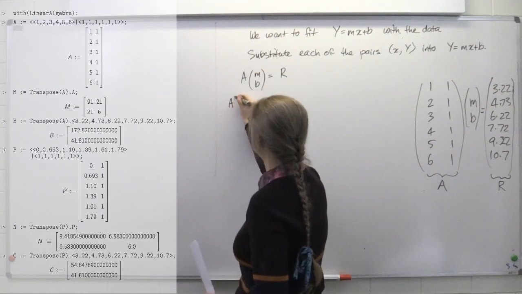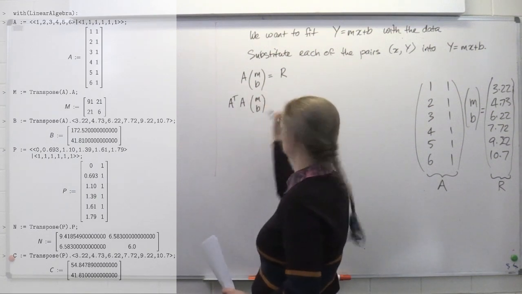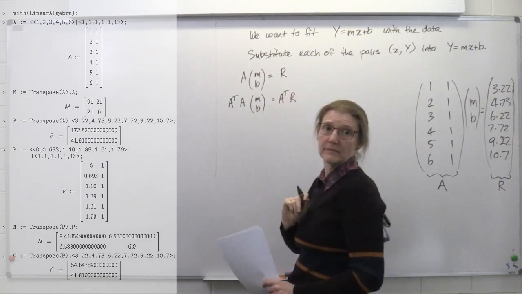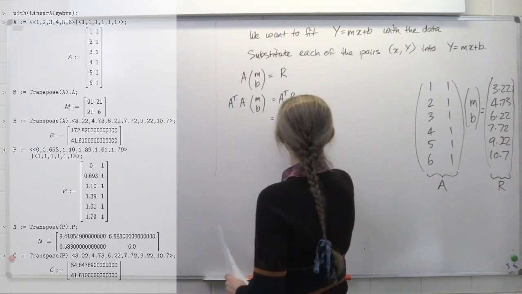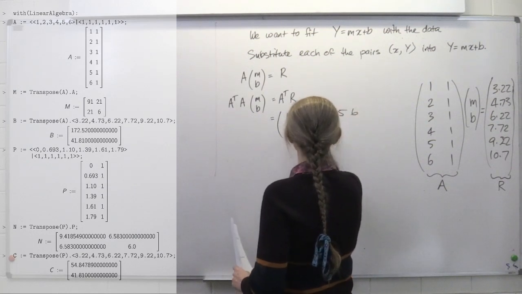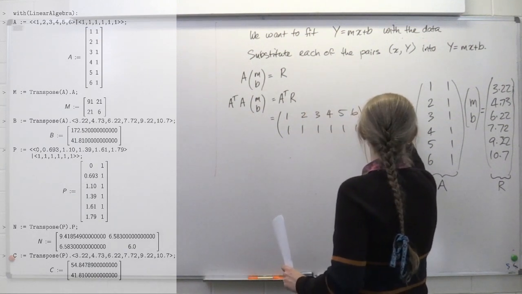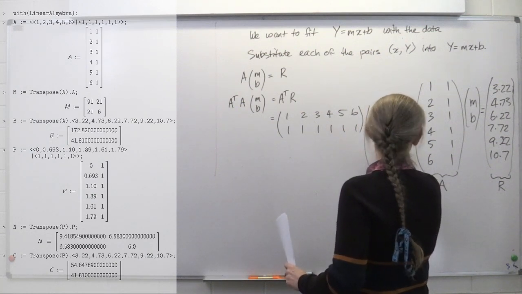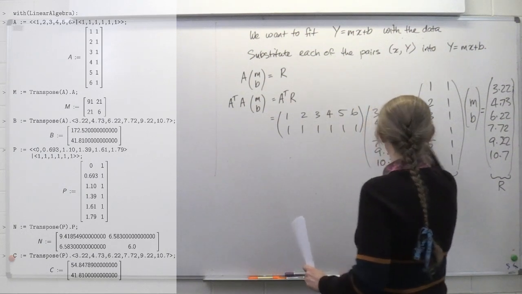So A transpose times A times our M and B unknown matrix is equal to A transpose R. So this is 1, 2, 3, 4, 5, 6, 1, 1, 1, 1, 1, 1, and 3.22, 4.73, 6.22, 7.72, 9.22, and 10.7.